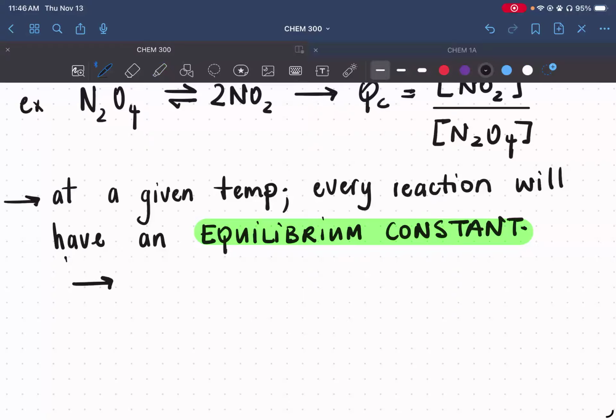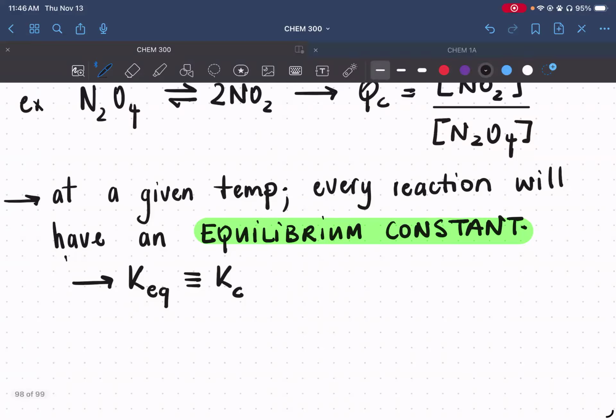This is given the symbol K subscript EQ, equilibrium constant. Your textbook or some online resources may refer to it as KC. They're interchangeable. I will prefer using the KEQ. You all know how much I like using those subscripts as labels. It'd be easier for me to read them.